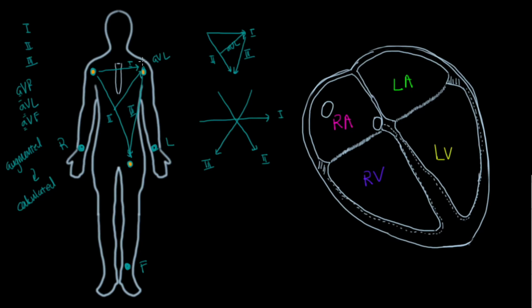The midway point of lead 3 up to the right arm this way is AVR. Again, the midpoint of lead 3 all the way up to the right arm, that is AVR. And lastly, the midpoint of lead 1 going all the way down to the foot, that is AVF.